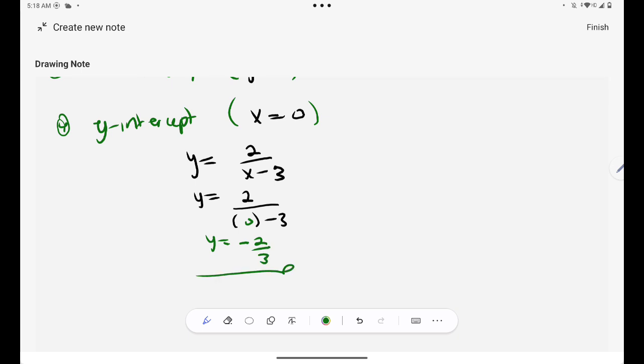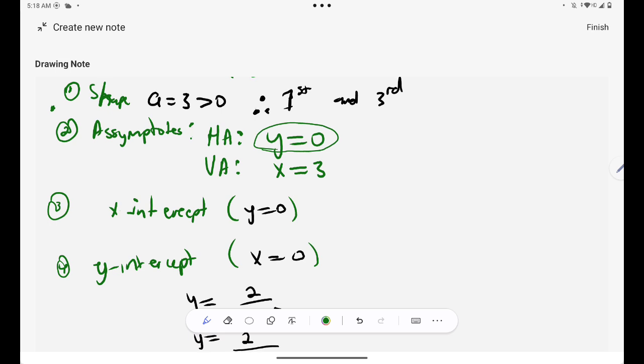So now I have my intercept, my restriction, and I know where my graph should be placed. Okay, we have y equals 0, the x-axis.